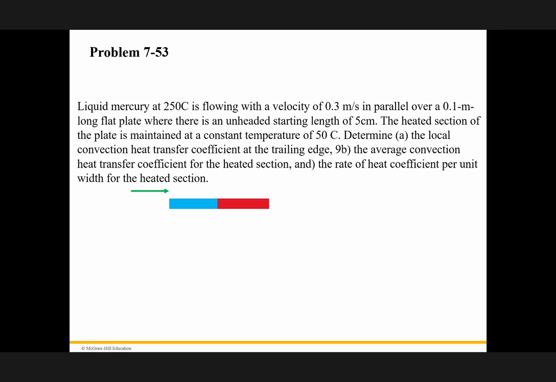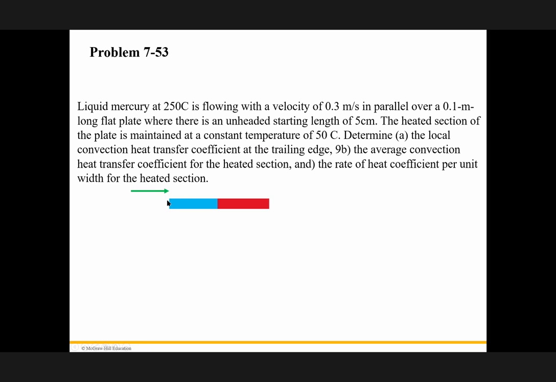Okay, liquid mercury at a temperature of 250 flows with a velocity of 0.3 meters per second in parallel over a 0.1 meter plate. Therefore, the total length of this plate is 10 centimeters, a plate with an unheated starting point.